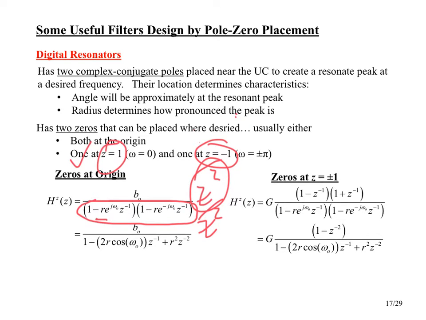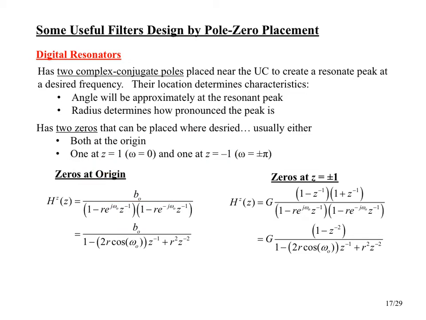Okay, so we've got that set up, and then the other setup has exactly the same denominator as before, and then we put in the zeros where we want, one at plus 1 and one at minus 1.